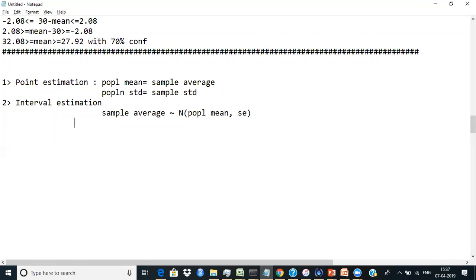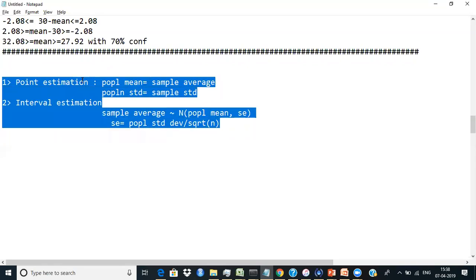What is standard error? Standard error is population standard deviation divided by square root of n. Make sense? Just remember these 4 lines, it should be fine.